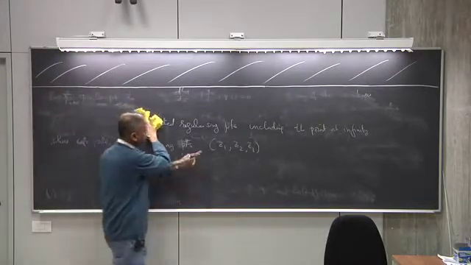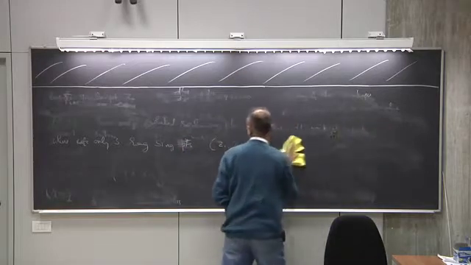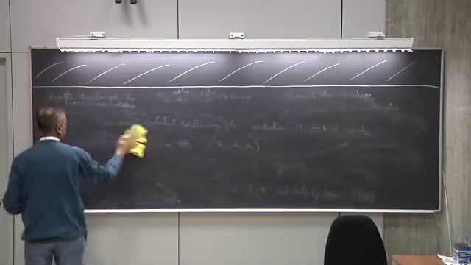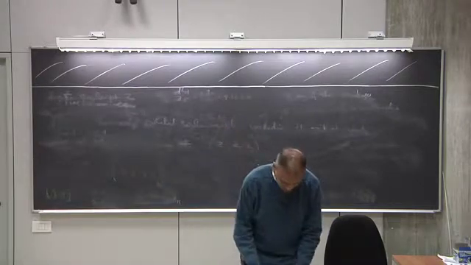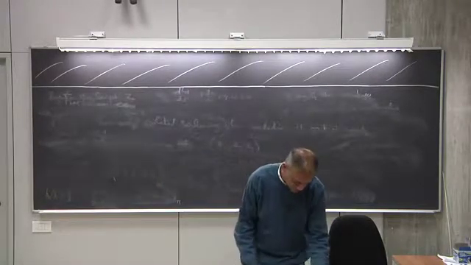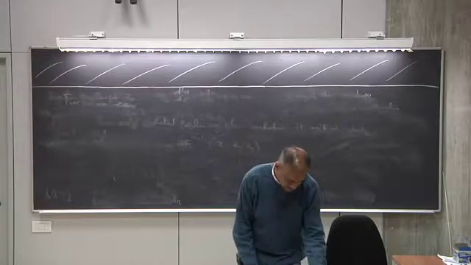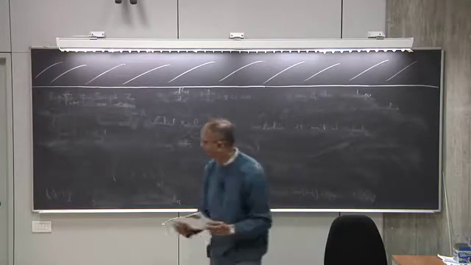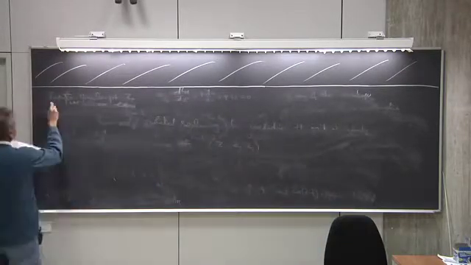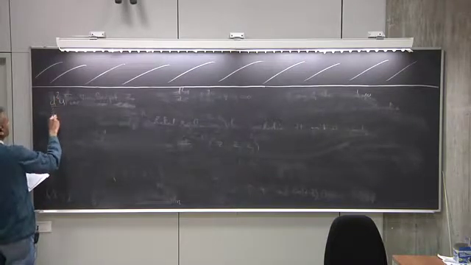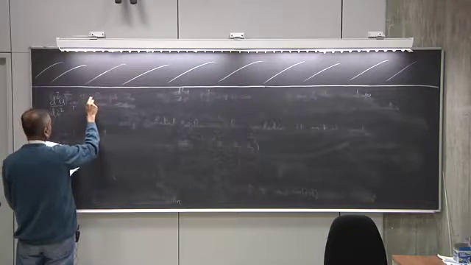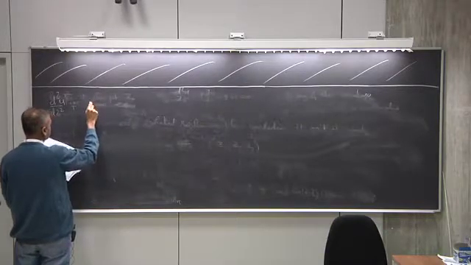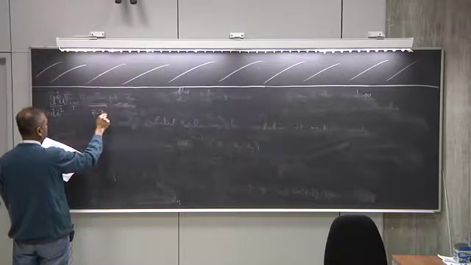So remember, these 3 points are Z1, Z2, Z3, where we have regular singular points. So the claim is that the most general such equation can be written in this way: d2u/dz2 plus some constant divided by z minus z1.